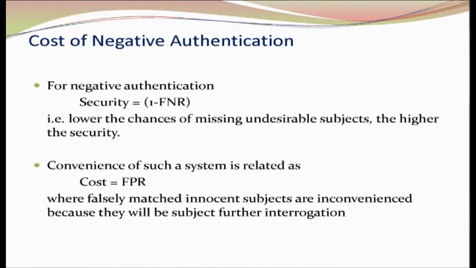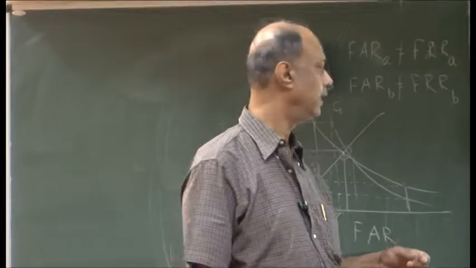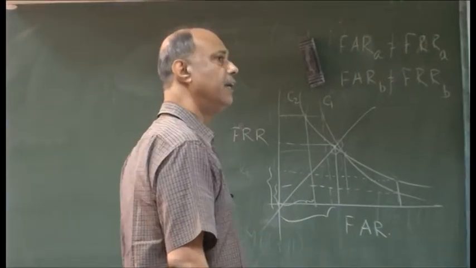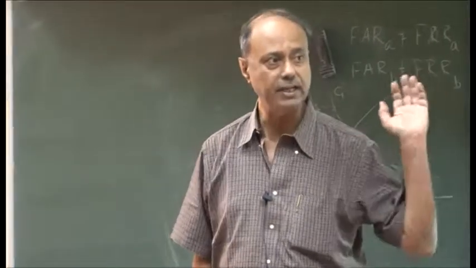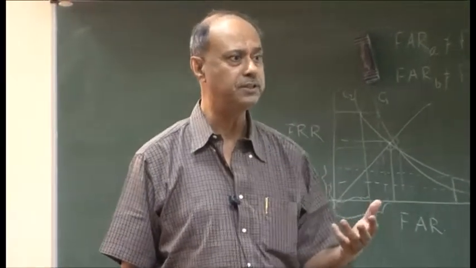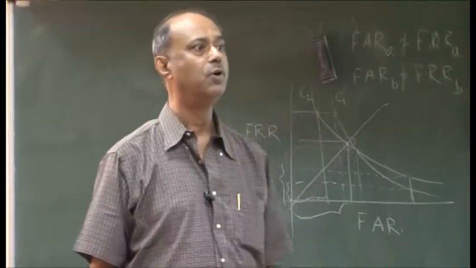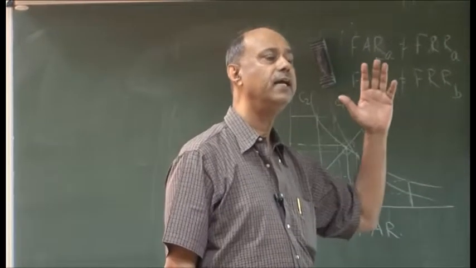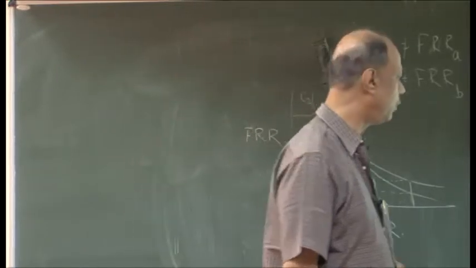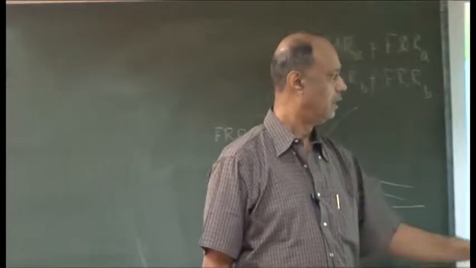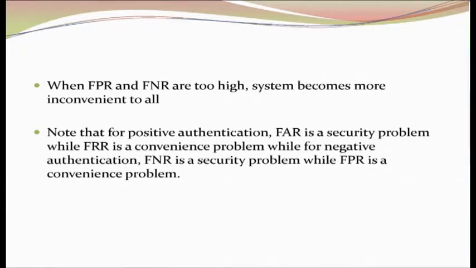If a false positive occurs, then obviously innocent people will be troubled, because they will be asked to stand in a queue and be interrogated by police or somebody else, because they are enlisted in the database. So, false positive will increase the cost and security is 1 minus FNR. If the false positive and false negative rates are too high, the system becomes inconvenient to all.